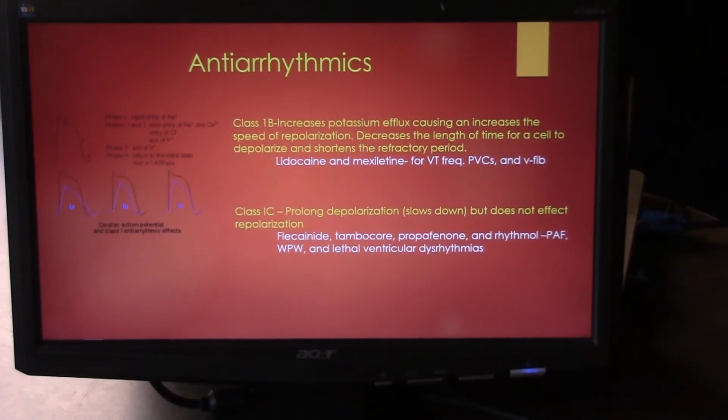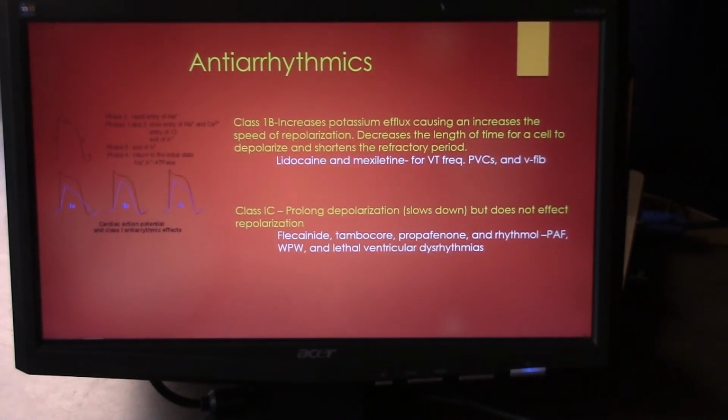Class 1B increases the potassium efflux, and it causes an increase in the speed of repolarization. It decreases the length of time for a cell to depolarize and shortens the refractory period. Examples of those drugs are lidocaine and mexiletine, and they're used for frequent PVCs, VTAC, and VFib.